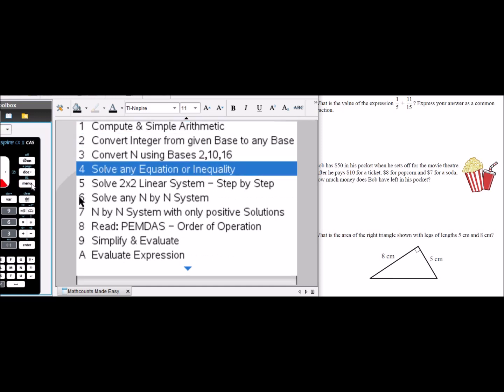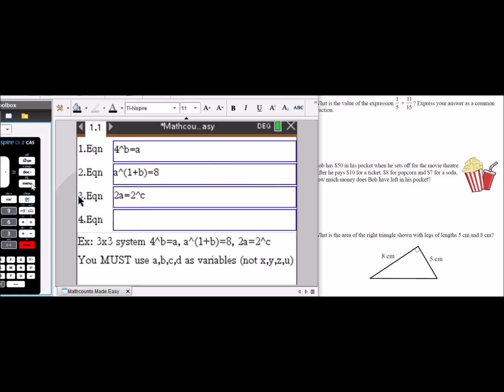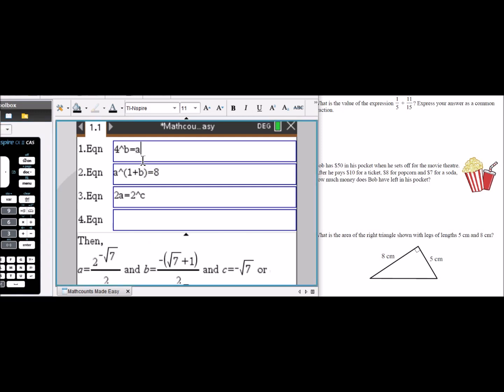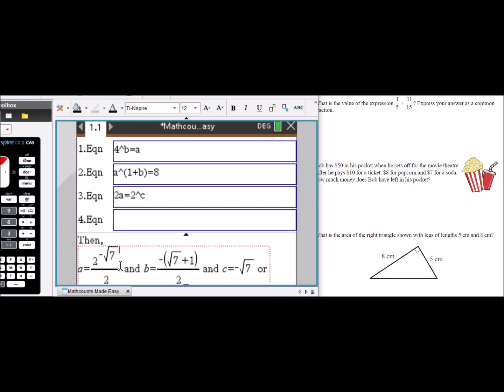Solving equations will happen also when we do Mathcounts problems. You can solve a 2 by 2 and even n by n system. So here I have a pre-typed 3 by 3 system. It doesn't have to be linear. It can be anything, exponential, square root, and we have our solutions right below.